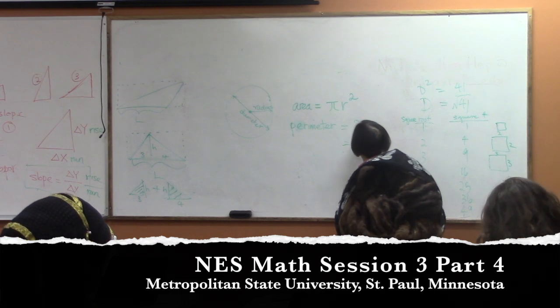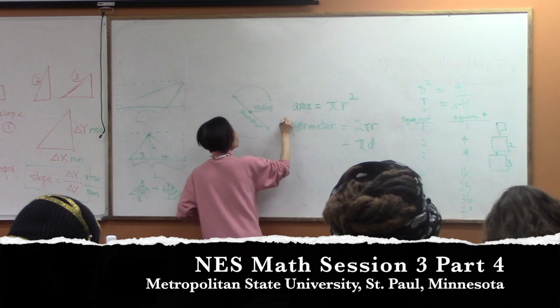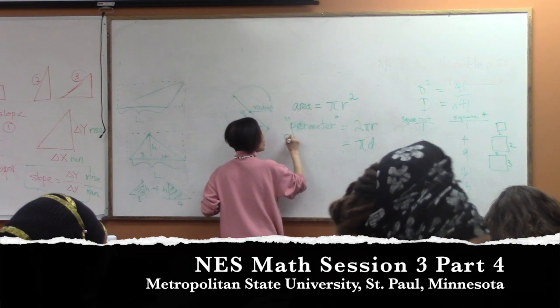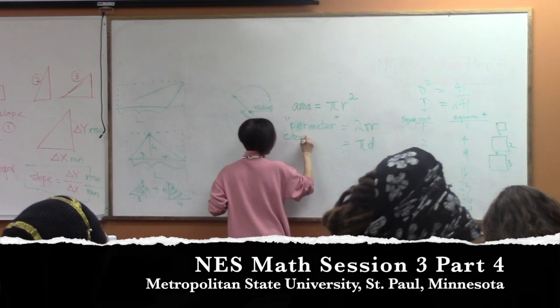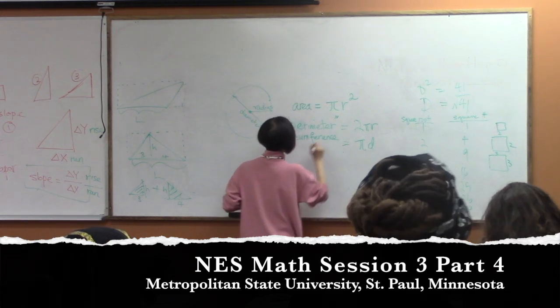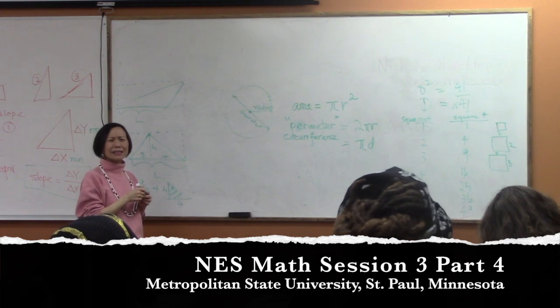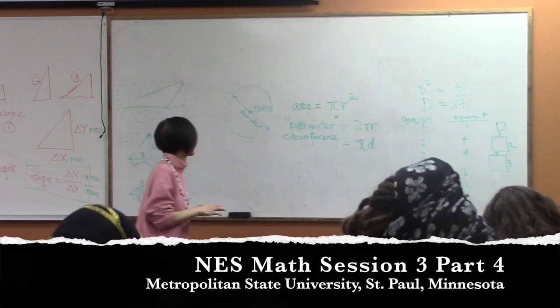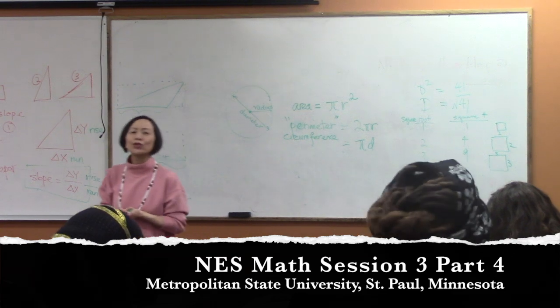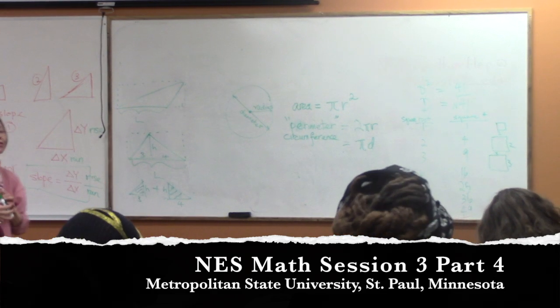Or you could also say pi d. Circumference? Oh yeah, they don't call it perimeter, I'm sorry. Right, it's a special name. It's circumference. I can't spell it. It looks close enough. Circumference, is that all right? It's fine. So it's just a special name for a circle, okay? It's really perimeter, right? You're going around on the outside.